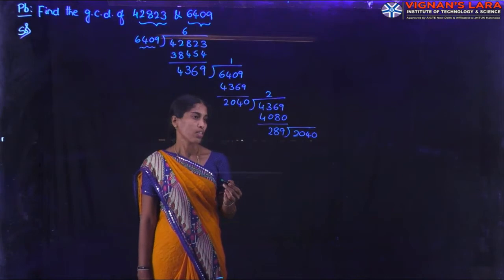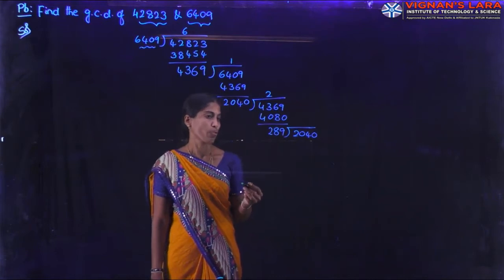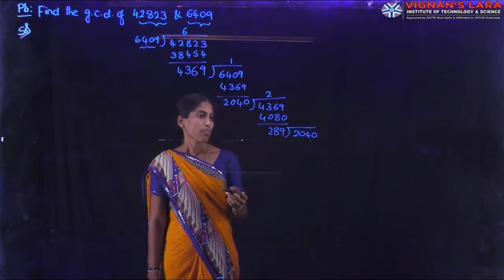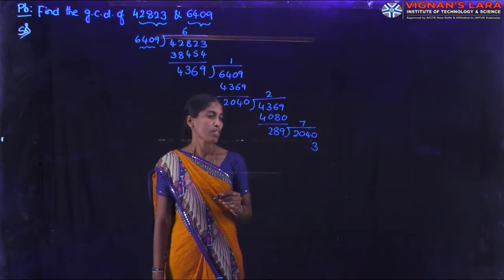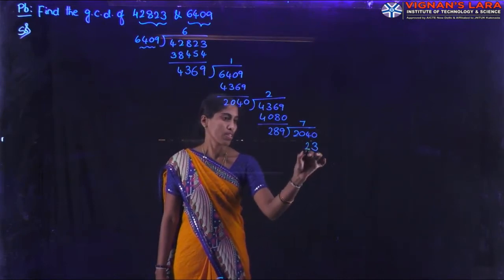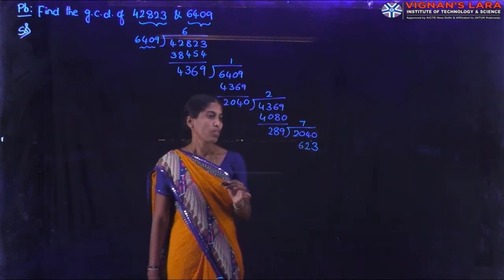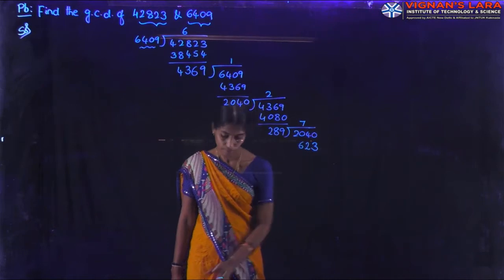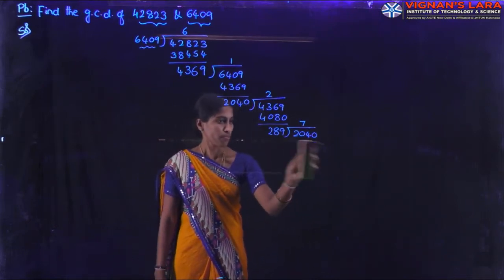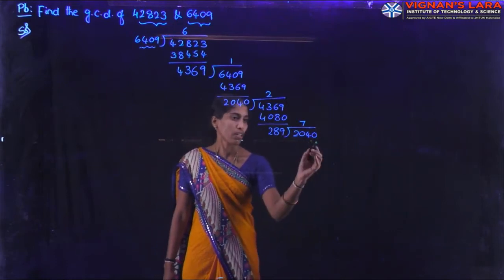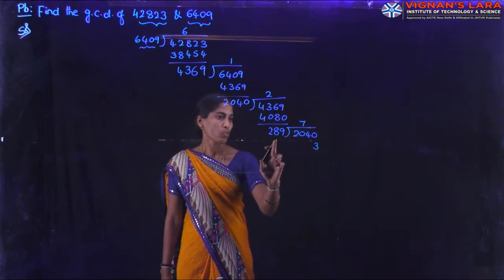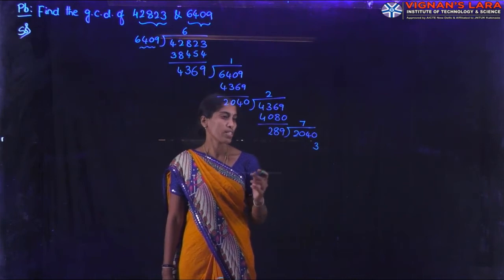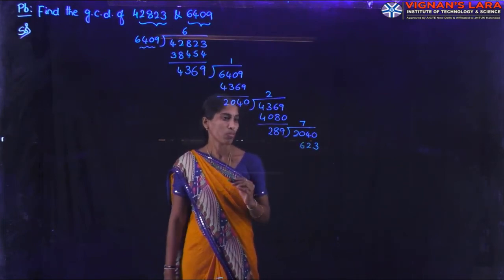No, it is 8 times. 7 times. 7 9s are 63, right? 6, 56, 6, 62, right?